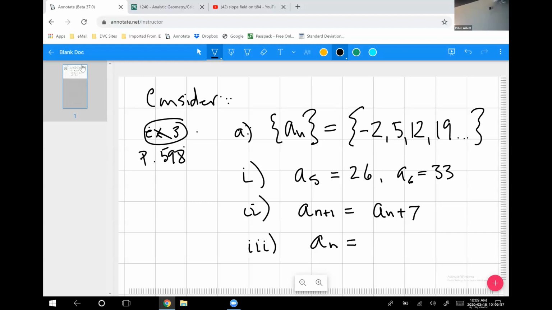And so what we have to do in this part of the problem is use the fact that we know how you get to the next term, that 7 is added each time, and that the first term you started with was -2, to figure out how to write what the nth term would be. For example, what would a sub 3 be? How would I get that 12, the third term in the sequence, using a formula, as we talked about before, having a formula definition for the sequence.